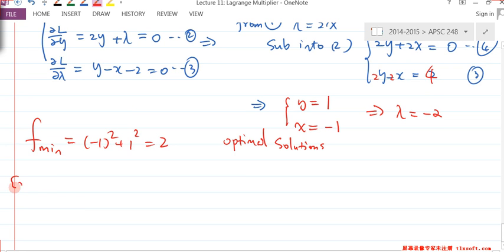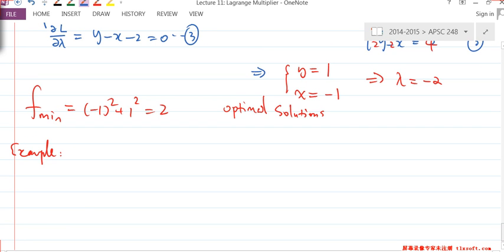Okay, so let's take a look at another example right here. I can ask you to practice this with the same function. Now the constraint is this.